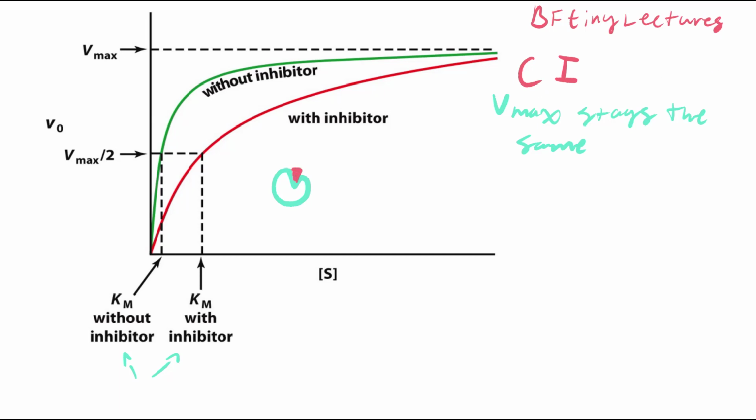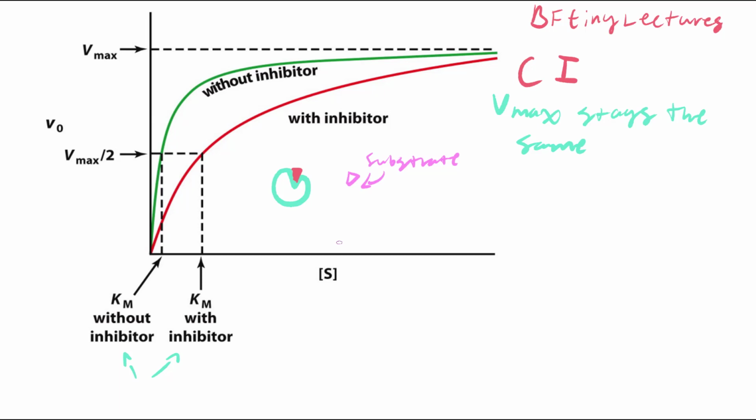Is my enzyme going to want to bond with this substrate? No, it's not going to want to bind to that substrate because its active site is already taken by the inhibitor. Therefore, the want for the enzyme to bind with the substrate decreases, and whenever that want decreases, the Km increases.